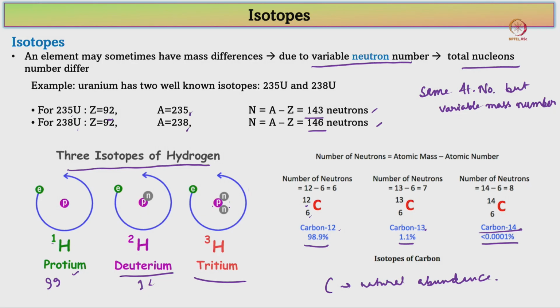Their abundance is very low because the main processes did not lead to the formation of deuterium and tritium; they got formed somehow due to some other reactions.